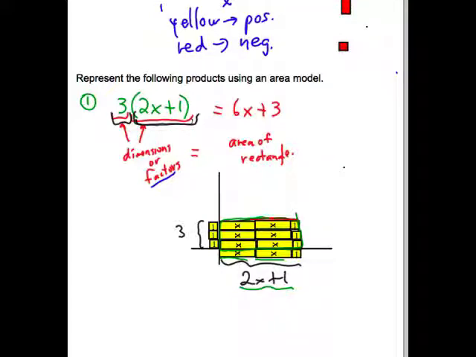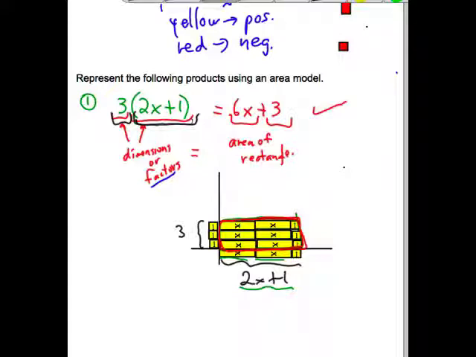And so my area is the sum of all the parts inside of the rectangle. I can see 6 x strips plus 3 extras. So 3 multiplied by 2x plus 1 must therefore be 6x plus 3.